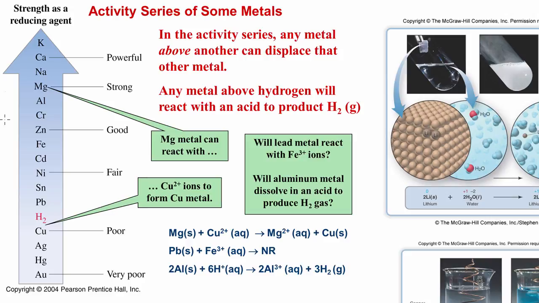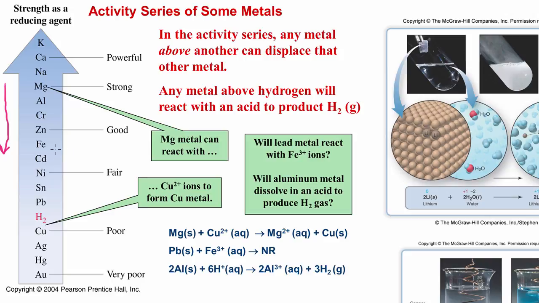So the reducing power decreases from top to bottom. We compare, for example, copper and cadmium. We see that cadmium is a very good reducing agent. What it means is it loses its electrons more readily than does the copper. You don't have to memorize this. I would give you this on an exam.